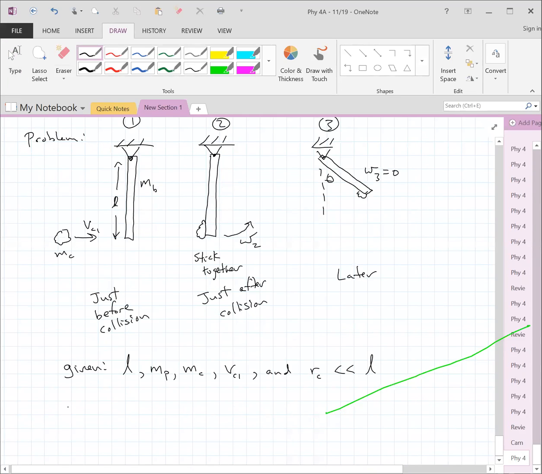And we want to find theta, when the object comes to rest momentarily.